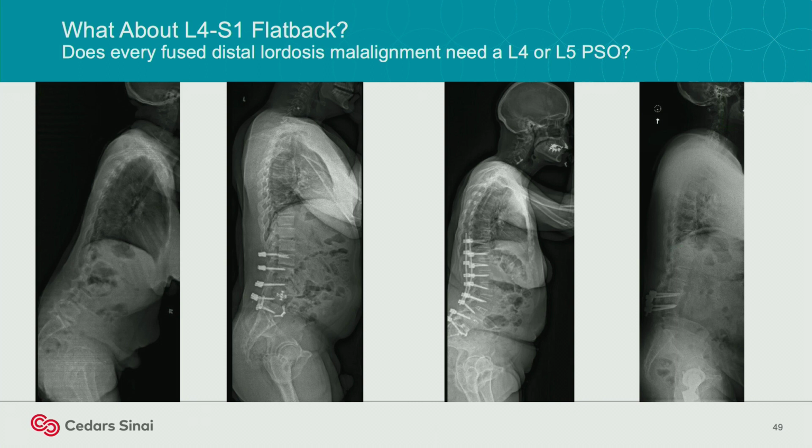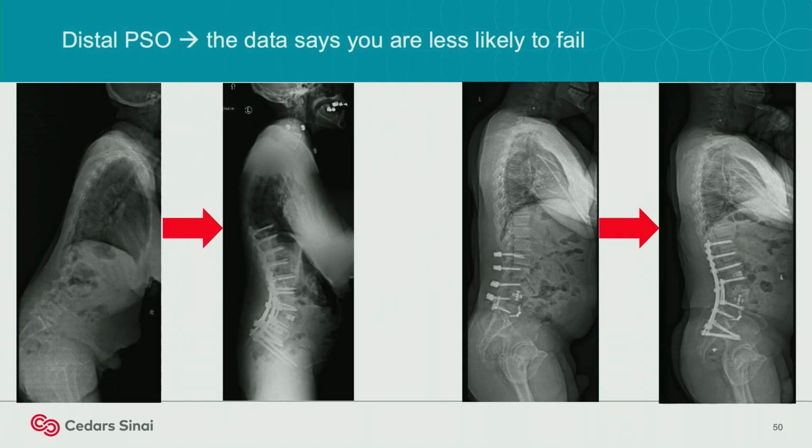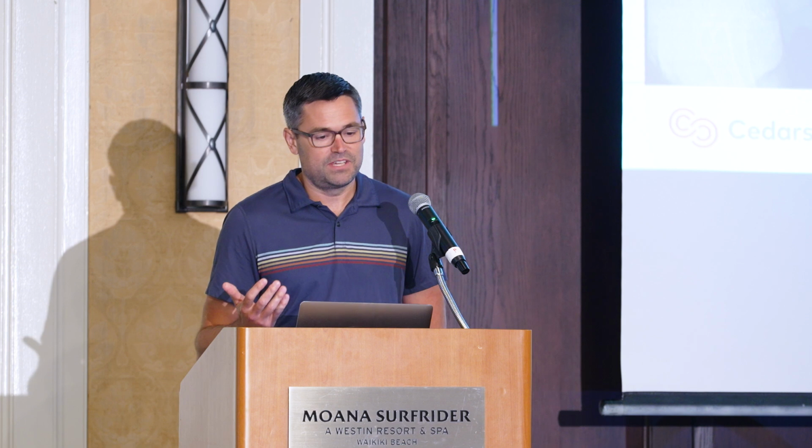And so if you listen to the data on this, it would say that we should be cutting pedicle subtraction osteotomies through all of these to get the correction and the regional lordosis to decrease mechanical complication numbers. Now, that comes with the caveat that we know that cutting 3-column osteotomies are certainly higher risk.